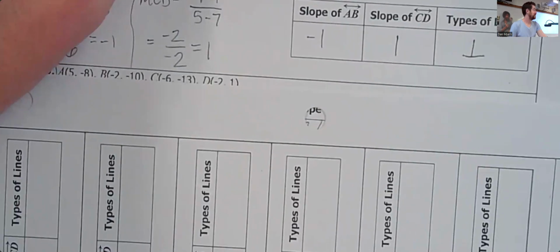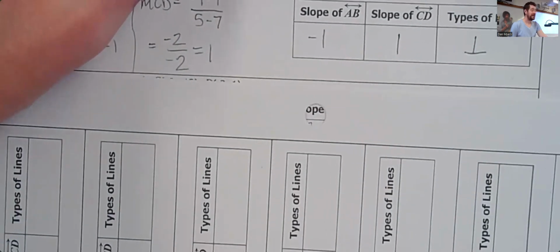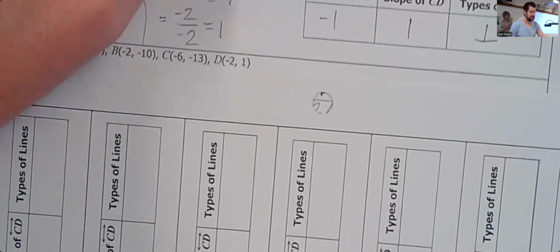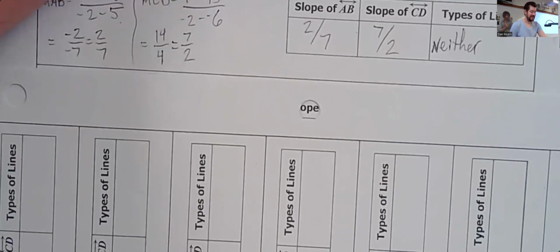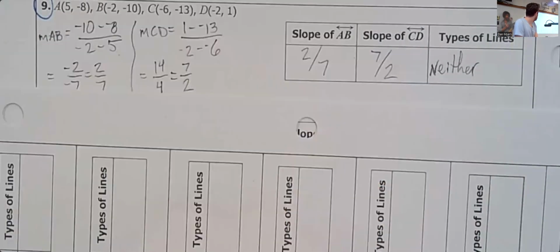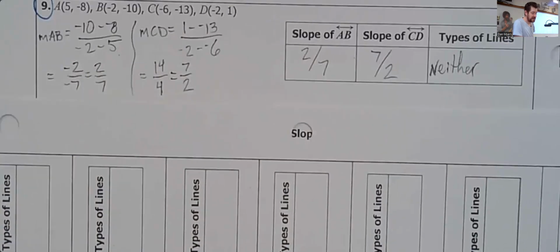Okay, 9 over 2 and 0 over 3. Number 9, yeah. -2/7 and 7/2. I got 2/7 and 7/2. So -2/-7 is correct. However, if they're both negative, it means the whole thing's positive, because a negative divided by a negative is a positive.